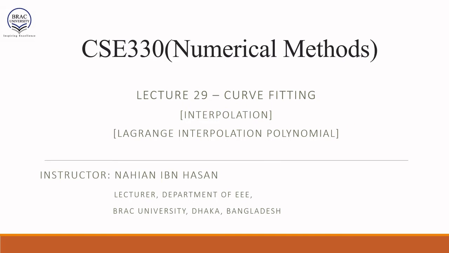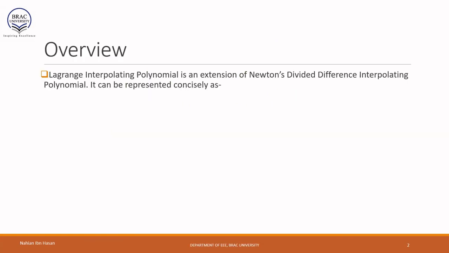So let's move on. As I have said, the Newton interpolation technique can be easily extended to the Lagrange interpolation technique. For the Lagrange interpolation technique, we use two equations. The first equation is denoted something like this, which is a summation over i equal to 0 to n. i denotes the number of variables.